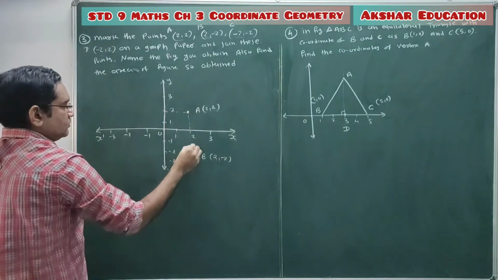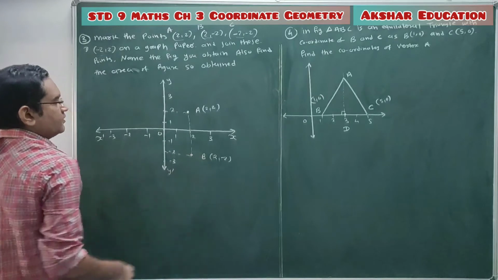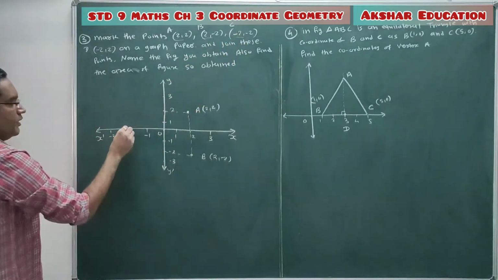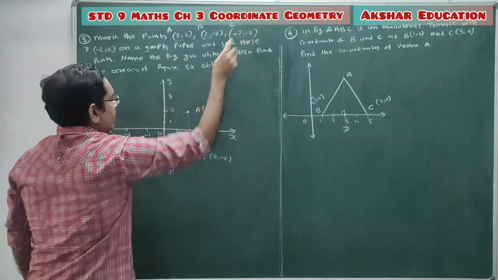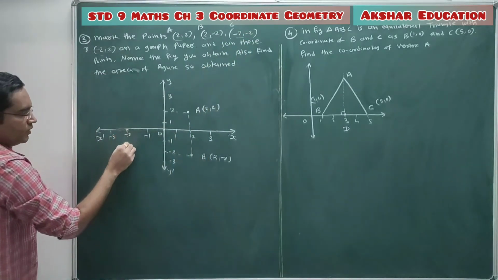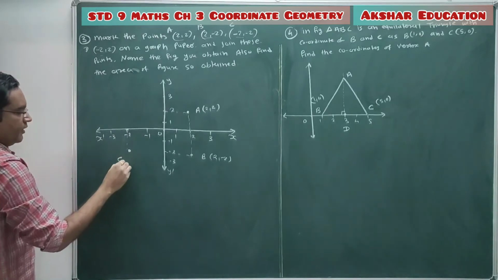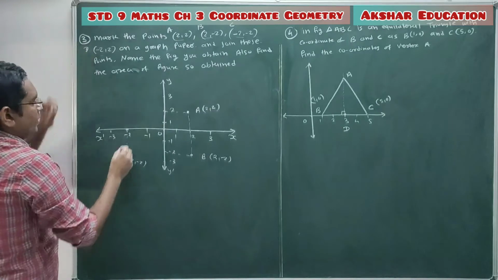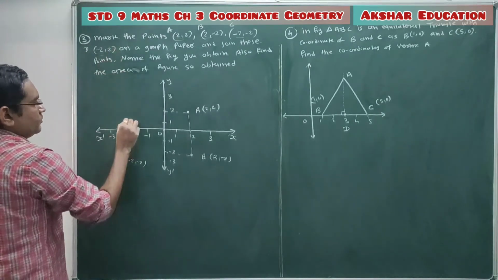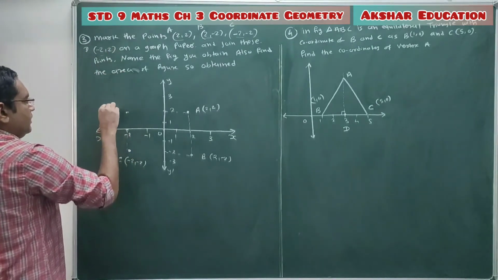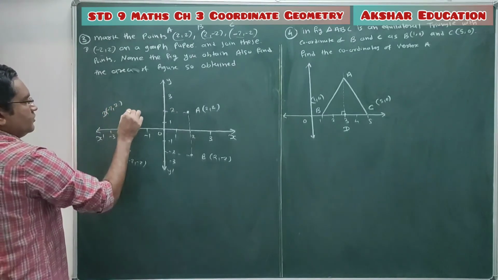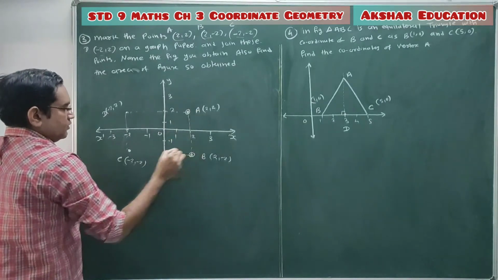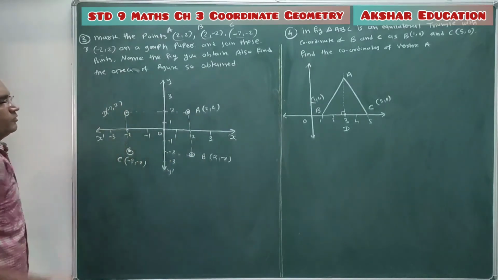Now point C: x coordinate minus 2, and then move towards negative, minus 2. So this is point C, (minus 2, minus 2). Point D: x coordinate minus 2, y coordinate plus 2. So this one, D, (minus 2, plus 2). These are our 4 points: 1, 2, 3, and 4.